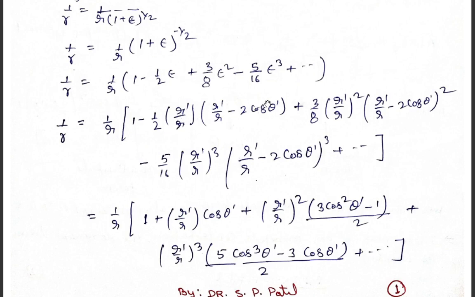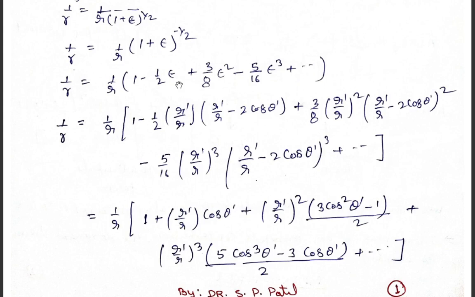So what we are trying to do is separate the cos theta prime value, or we can separate the r prime upon r value. The one r prime upon r value is here. If you do that, this cos theta prime will be there, this is minus plus, and this 2 will be cancelled out, so that is 1 plus r prime upon r cos theta prime plus.